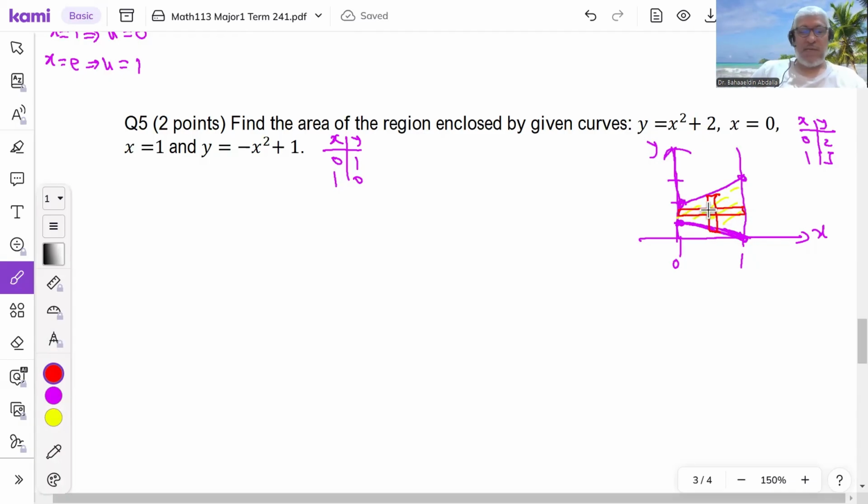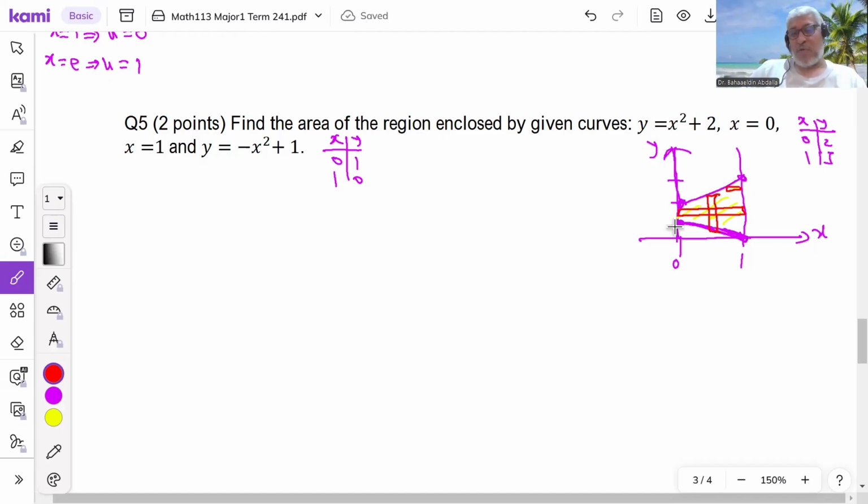Now, which rectangle here is better? To decide, you need to move the rectangle. This horizontal rectangle, you need to move it up and down through the area. Now, if there is always a curve to the right of the other curve, then this rectangle would be good. But in this case, it's not, because if this rectangle goes up, then this line would be to the right of this curve.